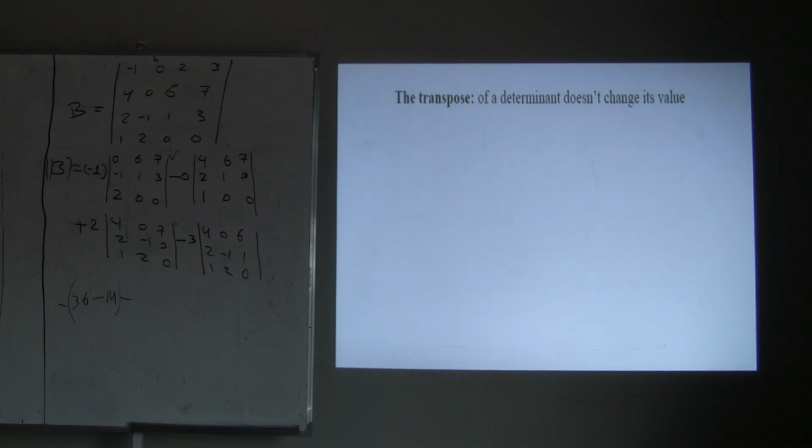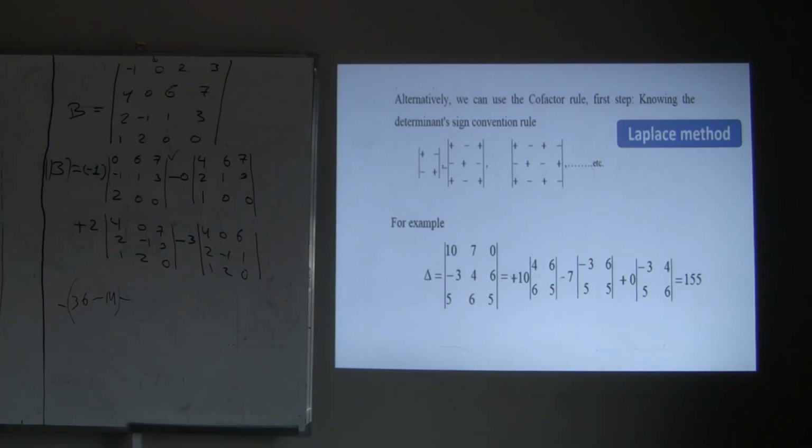It can go with any row or any column, but you have to obey the sign rule. Your question is very nice. I can choose any row or any column.